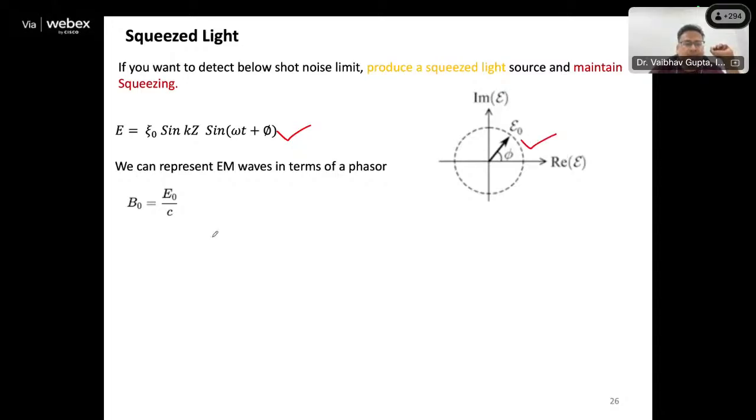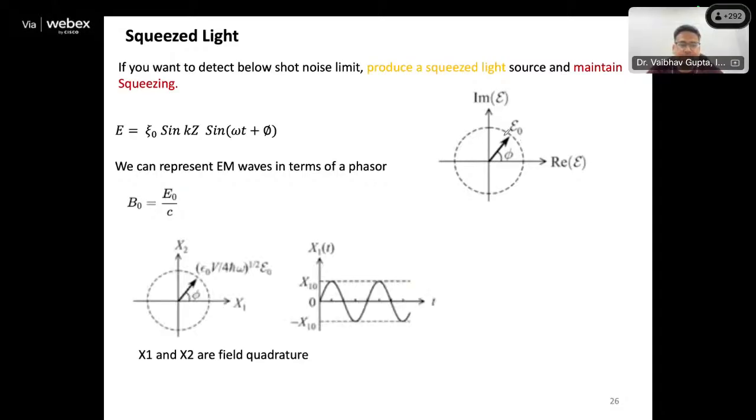Now why do we do this, that is the point. We do it because the total magnetic field strength is quite low as compared to the electric field. You are seeing we are dividing by the magnitude of 3 into 10 to the power 8. So this value becomes quite small, and sometimes it is easier to deal in terms of phasor diagrams, right?